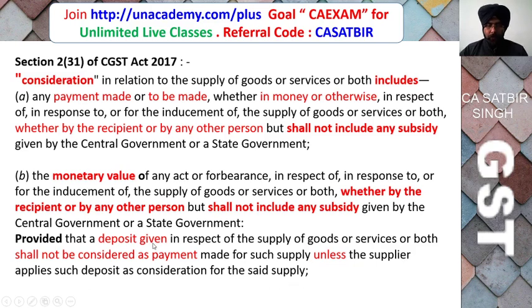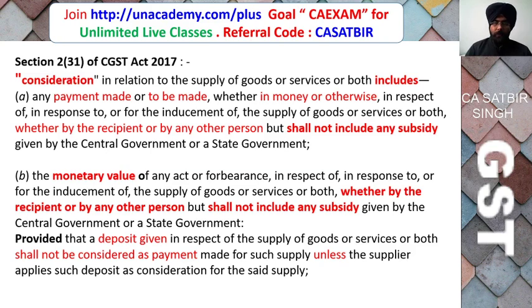It means that if security deposits are given and are refundable after the supply is made, no GST is required to be paid. But if security deposits are adjusted against the supply when the supply is made, GST is required to be paid on this deposit also.